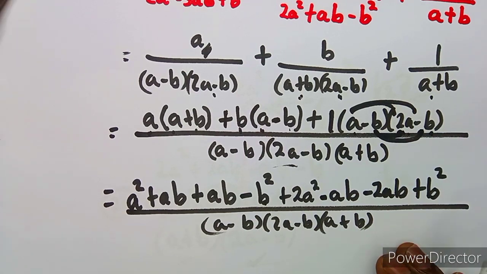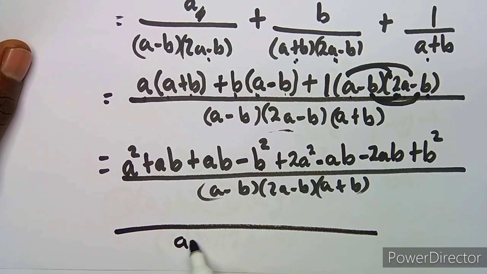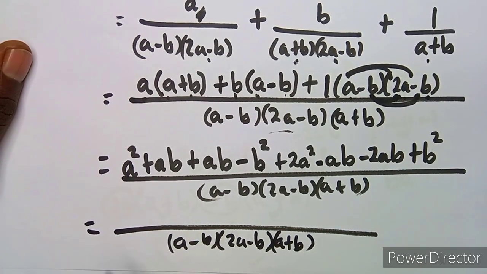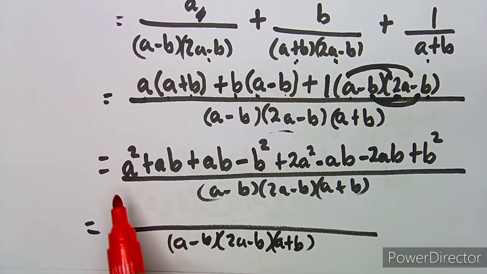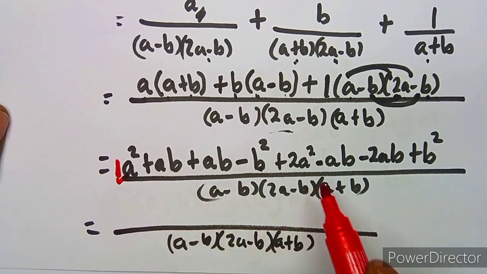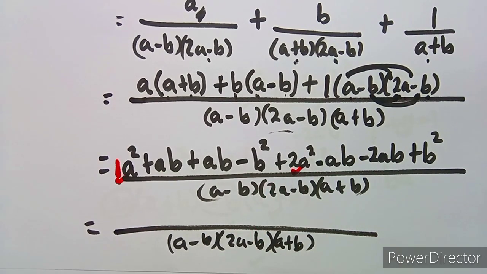So let's see further if we are able to win here. Let's see what it is going to look like. So we have got these like terms. You have got a squared here, so this one is same as 1 a squared plus 2a squared, so it's 1 plus 2, which is actually 3a squared.